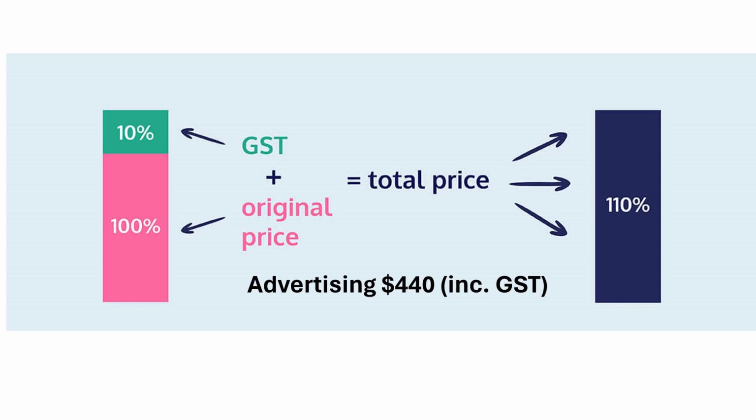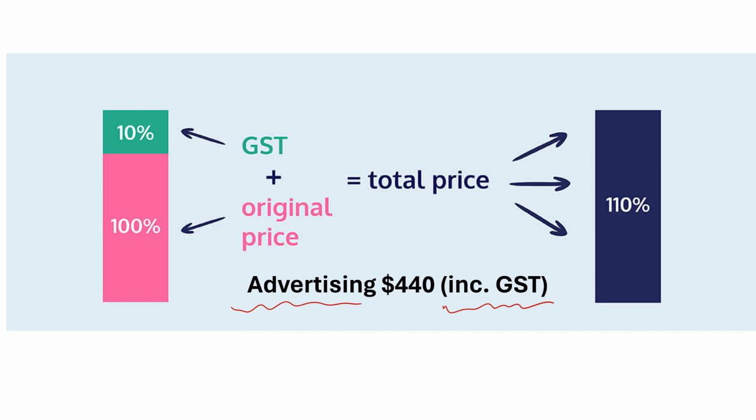When we get an item where we've got the bracketed information that says including GST, we need to use a little bit of maths to work out the GST component. So advertising, $440.